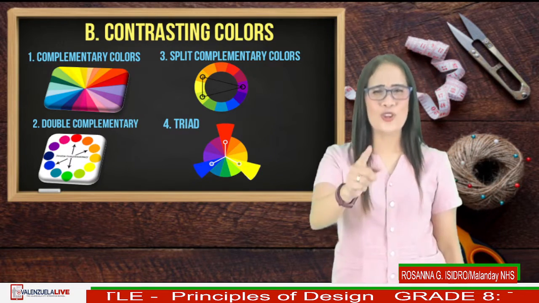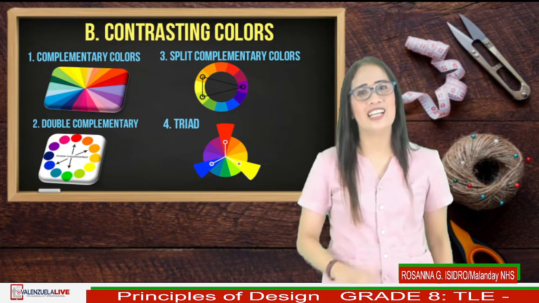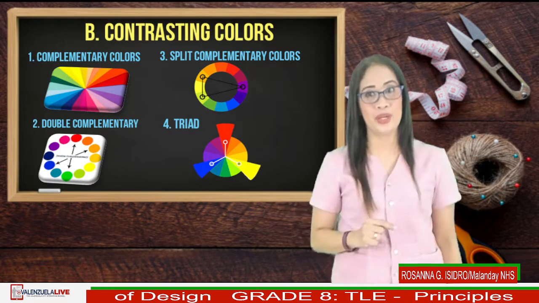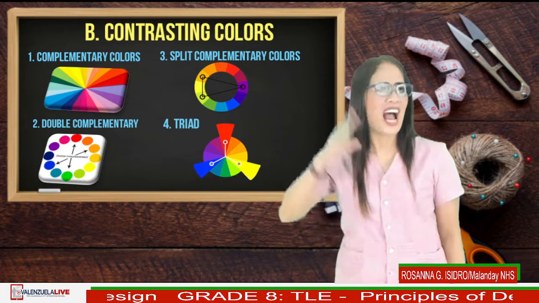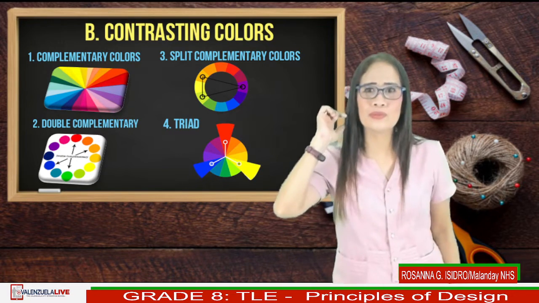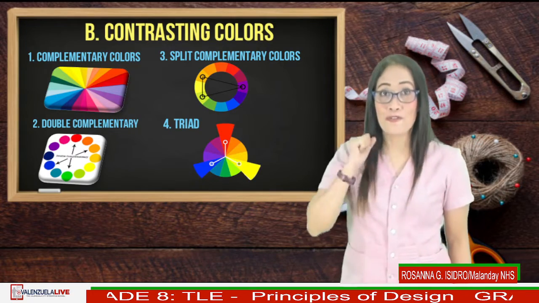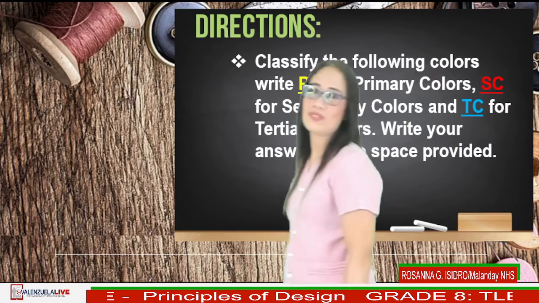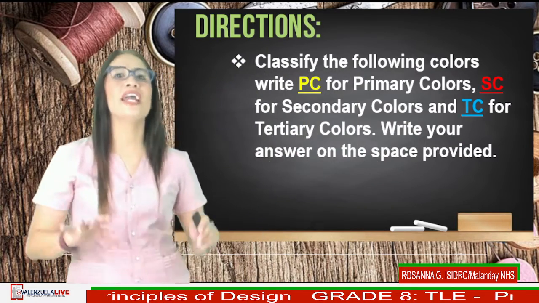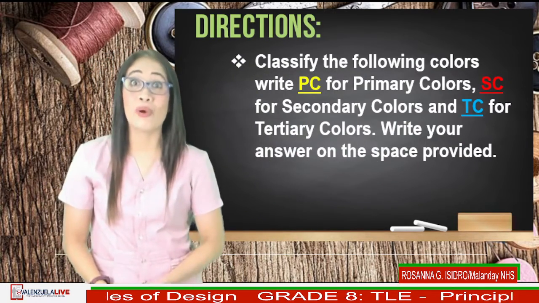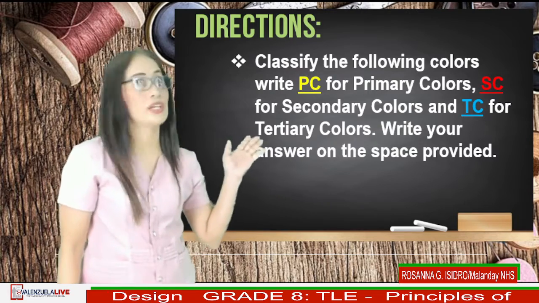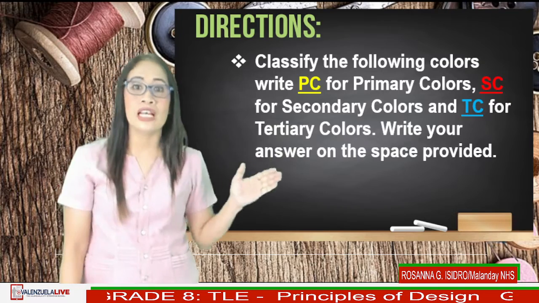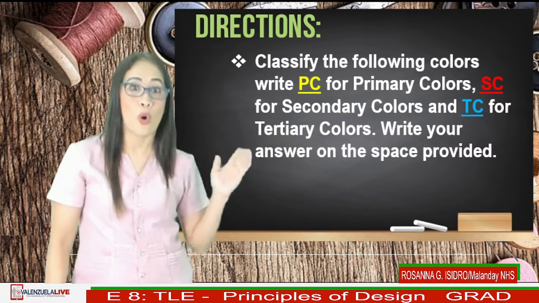To assess your understanding, let us try to answer some more. Are you ready? Great, let's do it. For our direction, classify the following colors. Write PC for primary colors, SC for secondary colors, TC for tertiary colors.